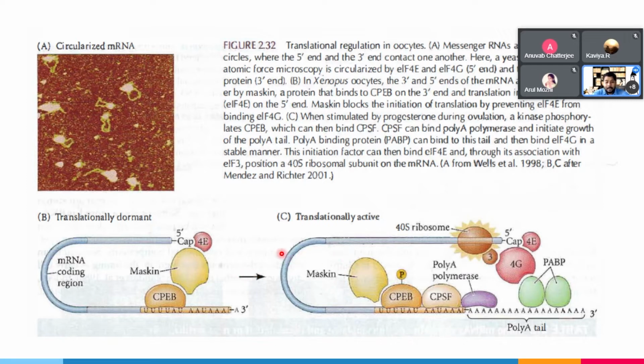In case there was no poly A tail, there is no poly A binding protein, and instead the protein maskin binds to 4E and CPEB, another protein, and this does not allow the 40S ribosome to come and bind, and thus there is no translation. Thus, in a translationally active mRNA, there are proteins such as 4E, 4G, and PABP, that is poly A binding protein, binding to the crest or the head of the mRNA.